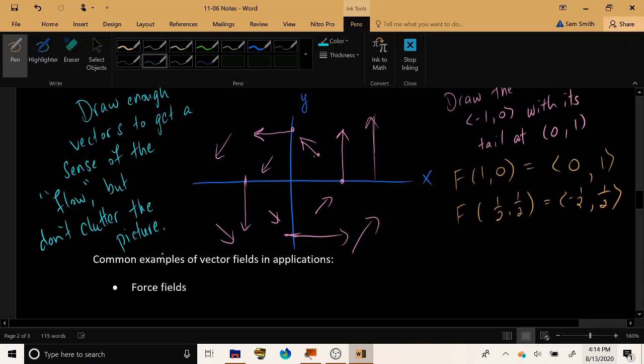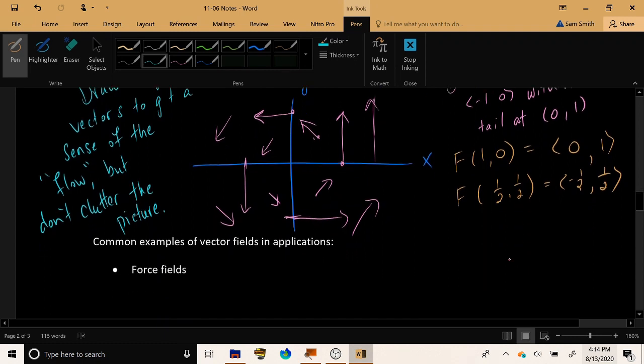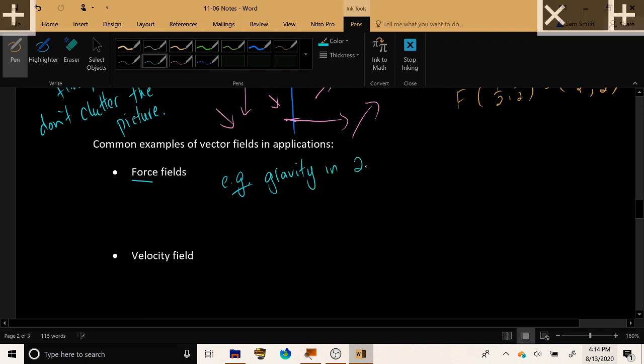Now, common examples of vector fields, of functions which associate a vector to a certain point. One quintessential example is a force field. A force field is some force which is acting on objects spread across 2 dimensions. A quintessential example would be gravity, for example, in 2D.